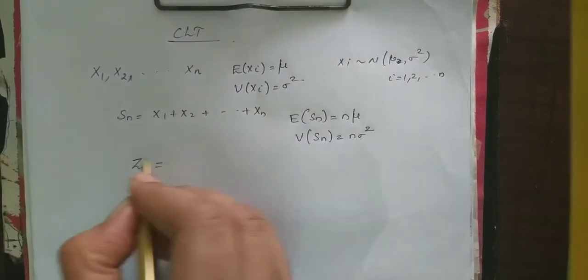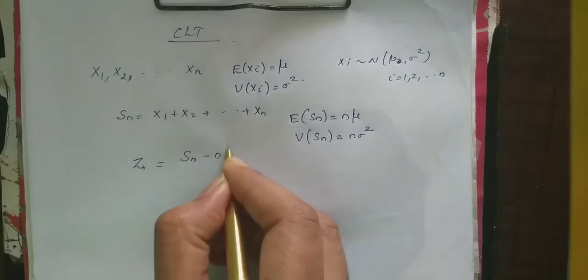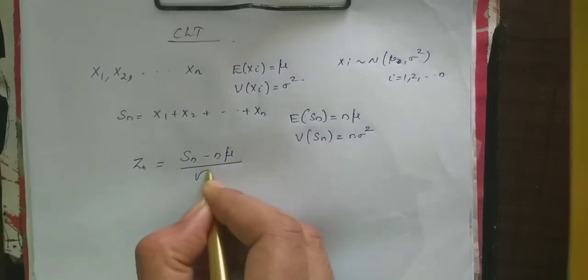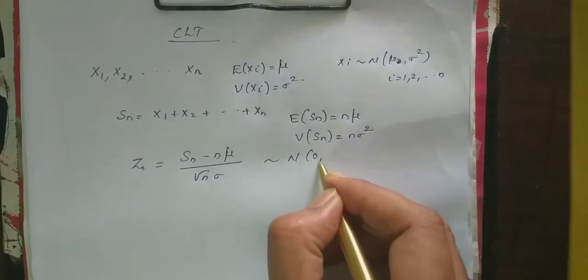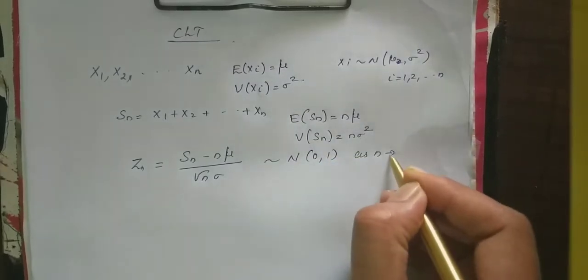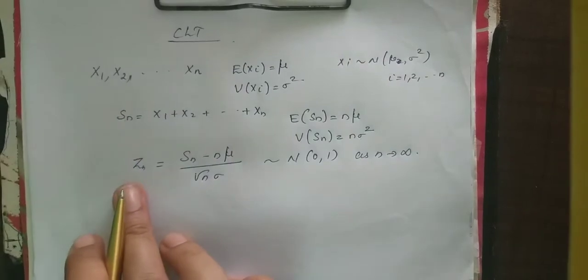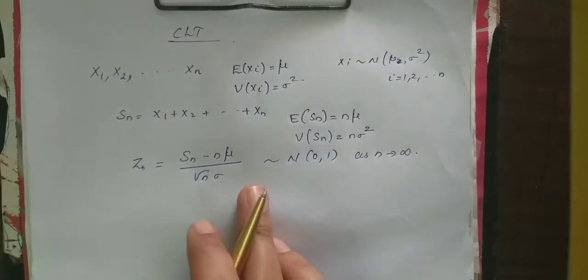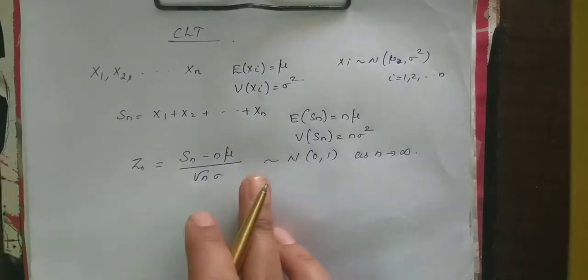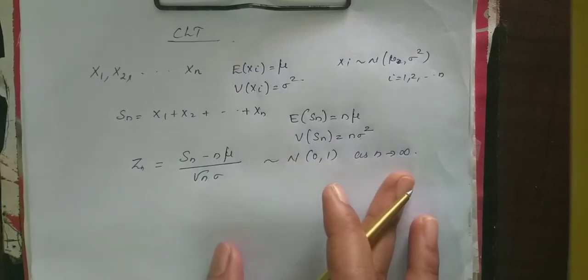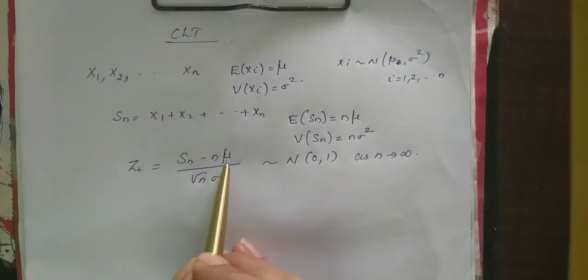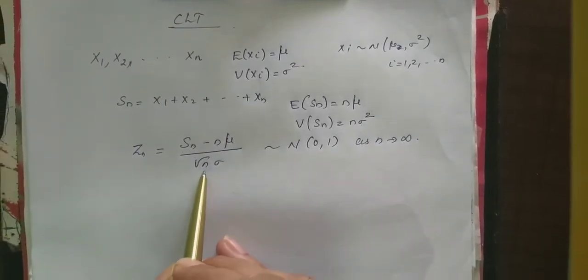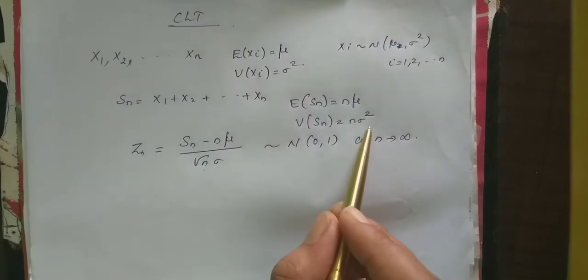Or we can write this as Zn equal to Sn minus n mu divided by root n sigma follows N(0,1) as n tends to infinity. Or we can say Zn is asymptotically normal, or it follows N(0,1) as n tends to infinity. This is the standardized form of Sn: Sn minus its mean divided by standard deviation, that is root n sigma.